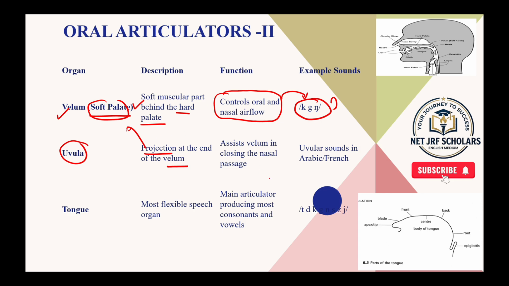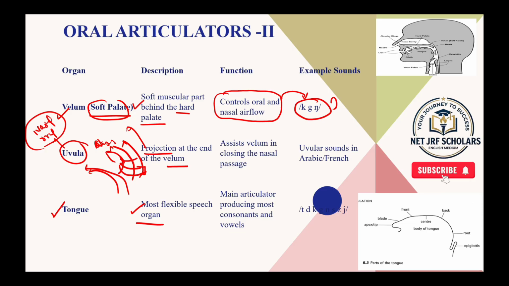If it is a nasal sound, the velum is lowered so that air passes through the nasal cavity. If it is an oral sound, the velum rises and blocks the nasal cavity, and the air flows from the oral cavity. So it plays an important role in distinguishing whether a sound is nasal or oral.